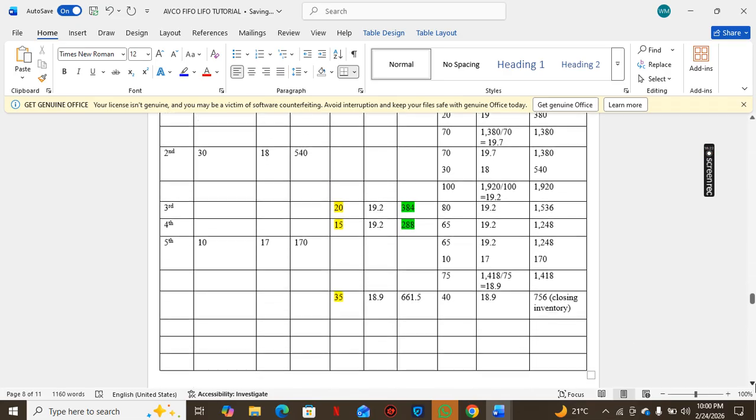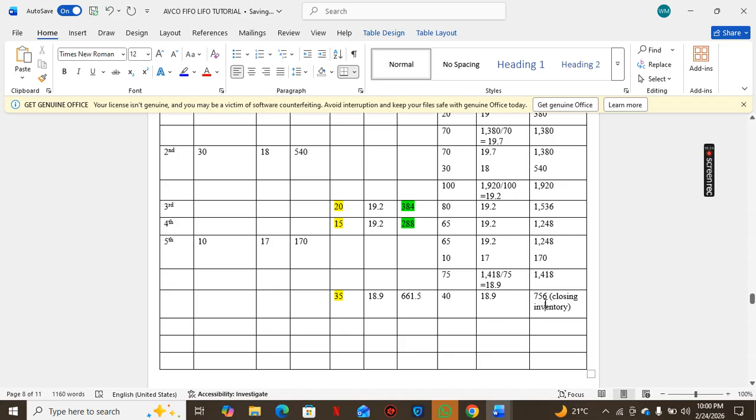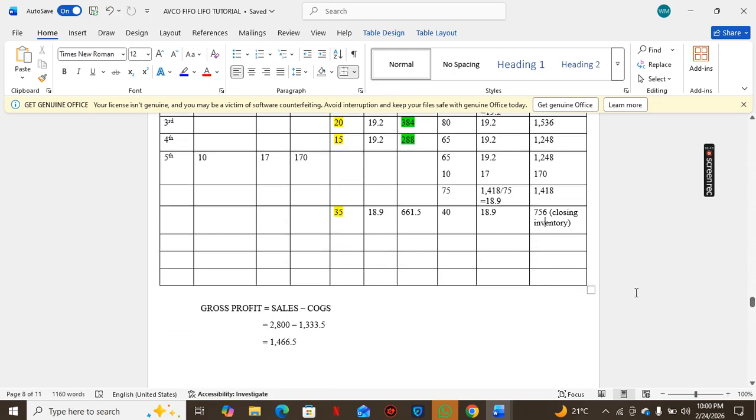Okay, colleagues, this is what we've been looking for, the value of the closing inventory. Next, we need to get the gross profit. Remember, gross profit is sales minus cost of goods sold.